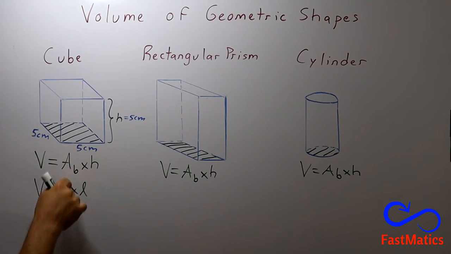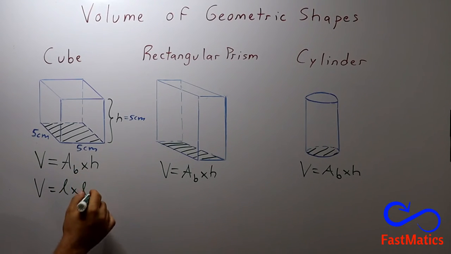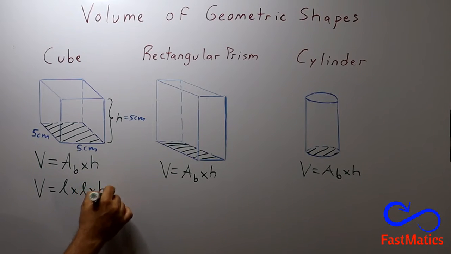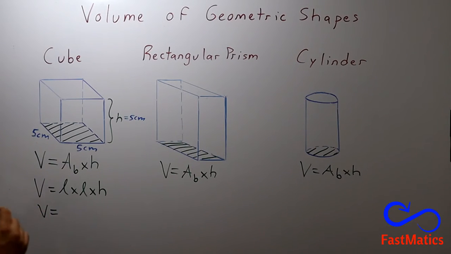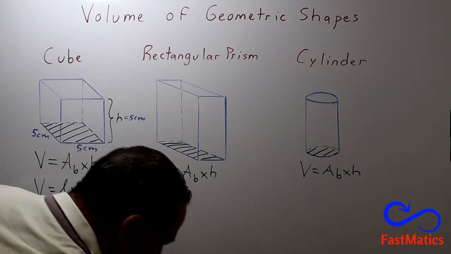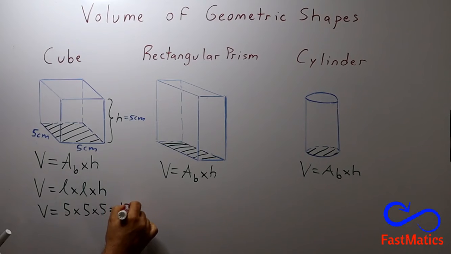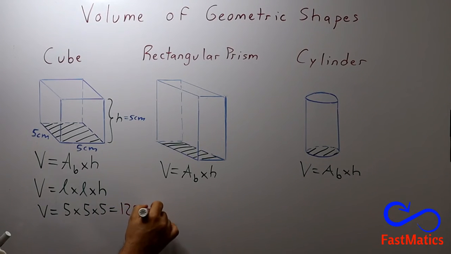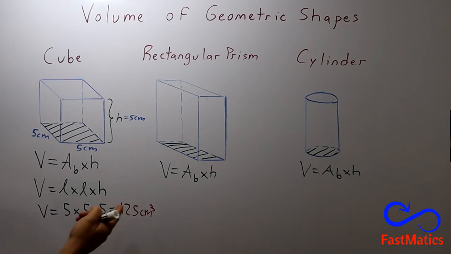So the area of the base, length times length, and here it is written times height. So we replace the numbers. Volume equals 5 times 5 times 5 equals 5 times 5, 25 times 5, 125 centimeters cube.